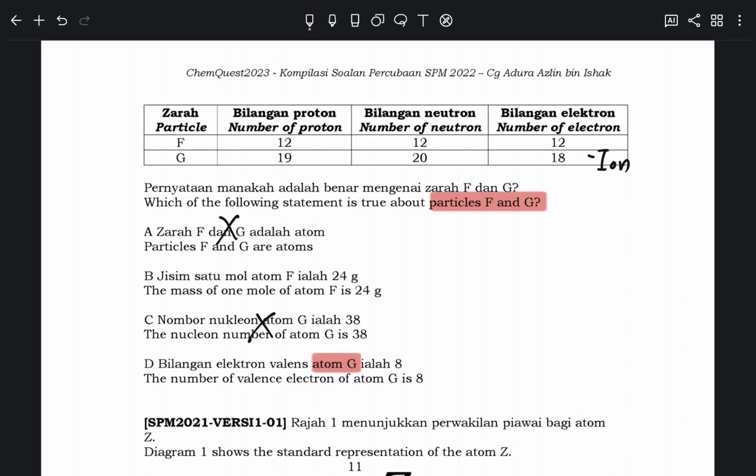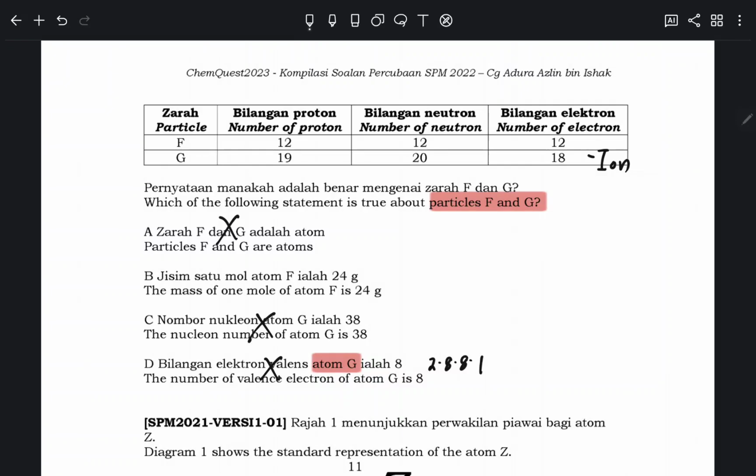So rewrite my electron arrangement: 2.8.8.1. 2 plus 8 is 10, plus 8 is 18, and 1 is 19. The valence electron is 1. But they say the valence electron of atom G is 8. True? No, wrong. So D is also wrong.